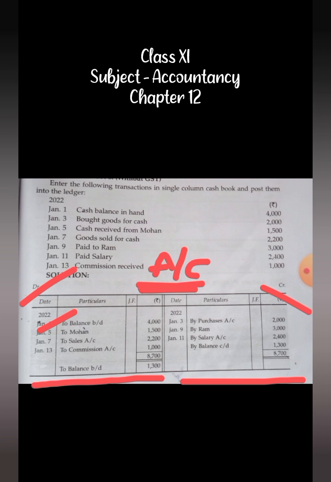For the January 3 transaction, you have to understand only one concept: if cash is debited, you go with the debit side. If cash is credited in a particular transaction, you go with the credit side.